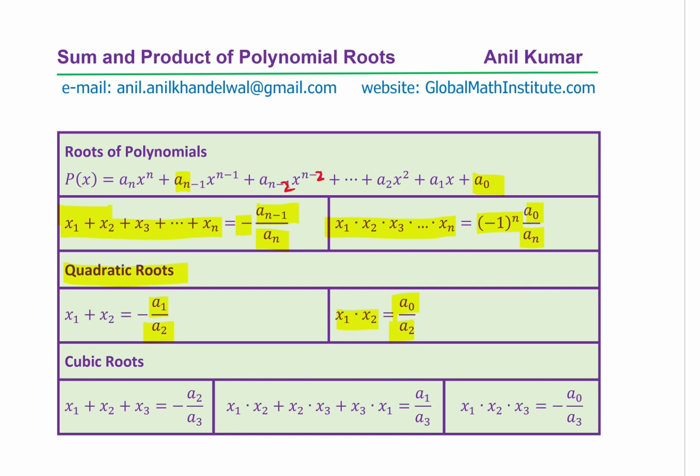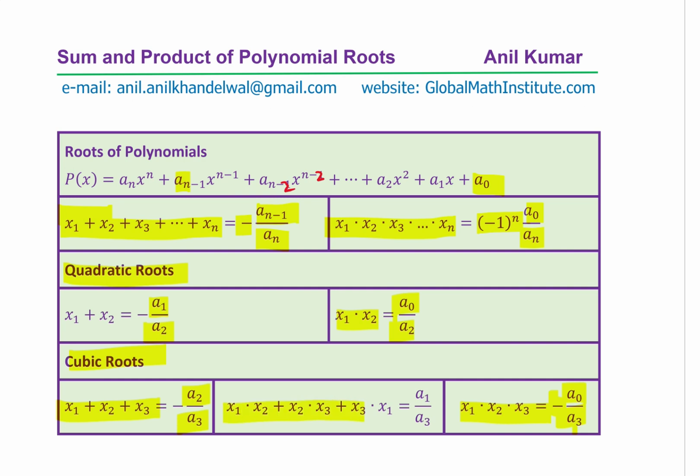an even number. For a cubic equation, the product will be negative since minus 1 to the power of 3 is negative, the ratio of constant over the leading coefficient, and the sum is the ratio of the negative value of the two coefficients, which are a2 and a3. Correct?